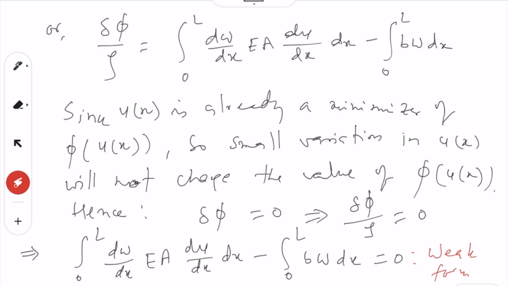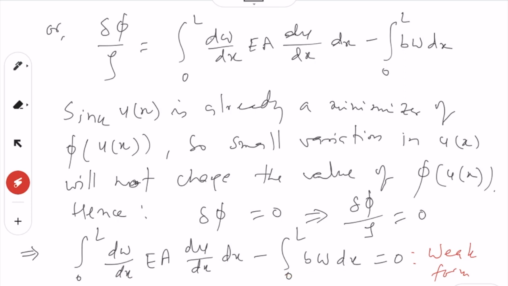Since function is at the minimum, then the slope, so means there will not be any variation in phi if you change u little bit, because it is already at minima, right. So, any variation in phi has to be 0, and hence you are getting the equation, and that equation turns out to be the weak form.